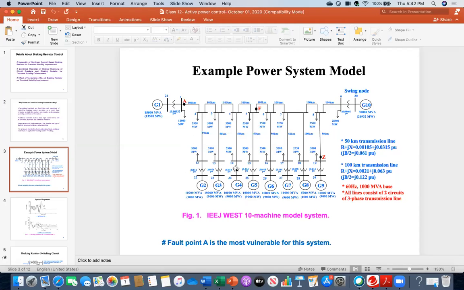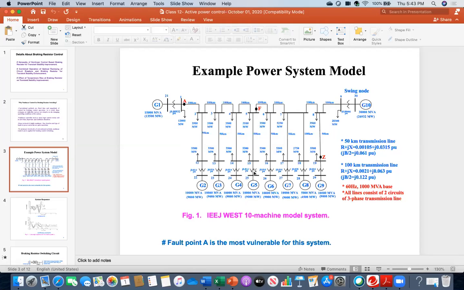Now, whatever analysis we make, coherent group or not, at the point which is the most vulnerable you must put a braking resistor, irrespective of any analysis, grouping or clustering or whatever optimization technique we use to reduce the braking resistors.